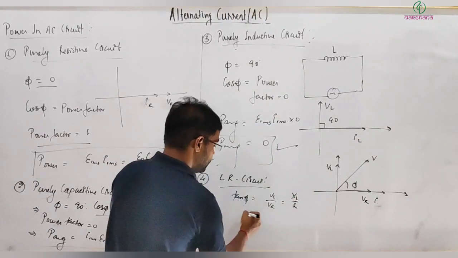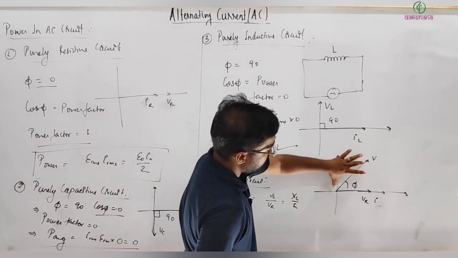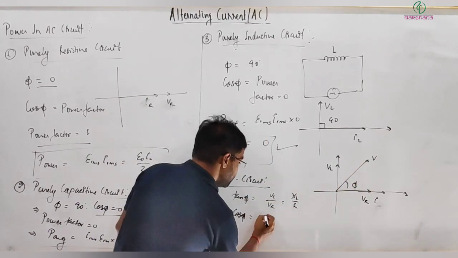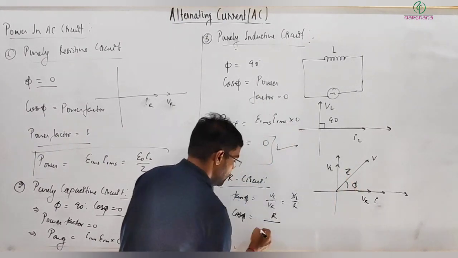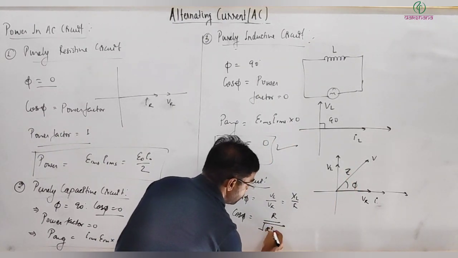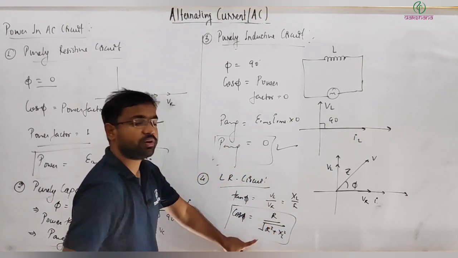So here I can write cos phi as equal to base divided by hypotenuse, that is R divided by Z, because this will be your Z, which is under root R square plus XL square. So this is your cos phi, the power factor.